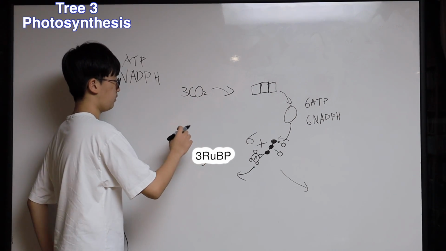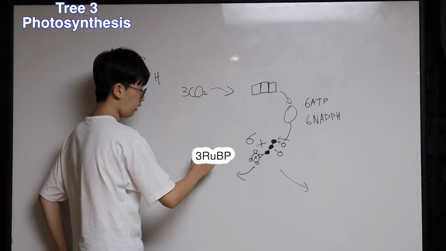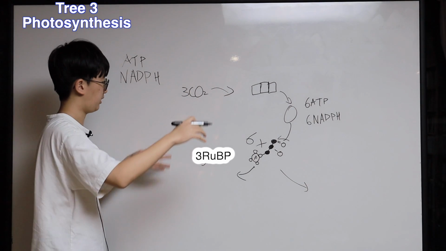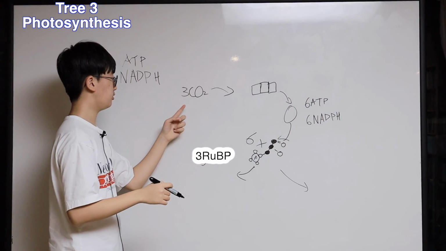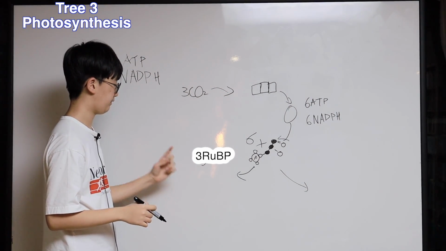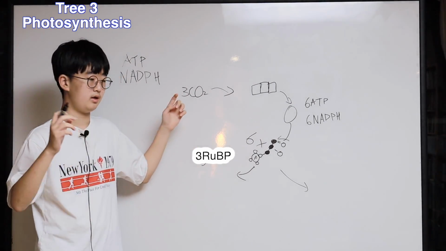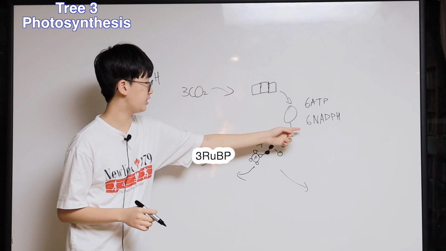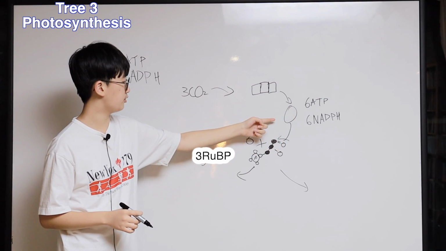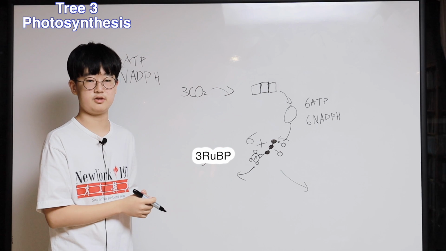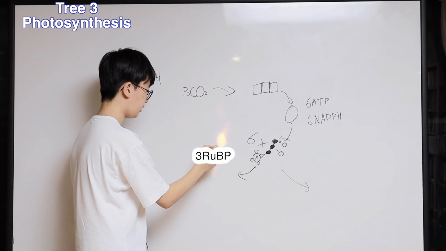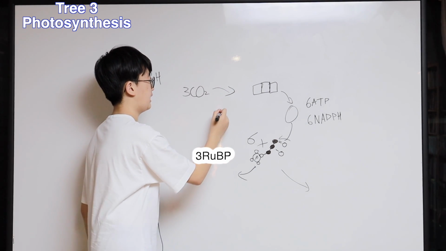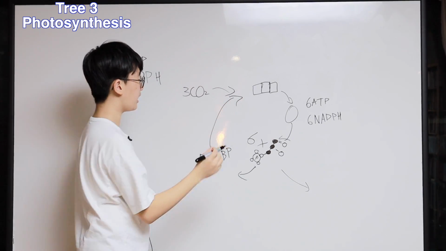And now, on the first bit of this cycle, 3 CO2 molecules and 5 RuBP molecules combine through the Rubisco enzymes and turn into phosphoglycerates. So basically, this cycle can repeat again.